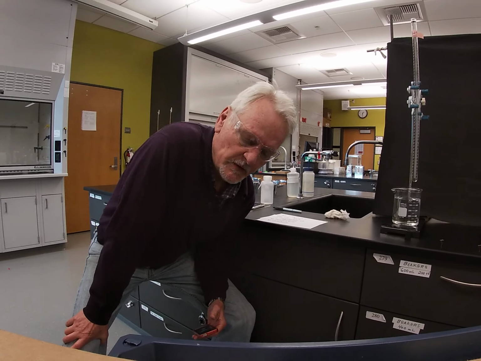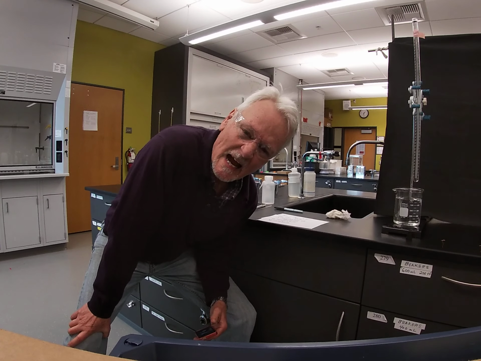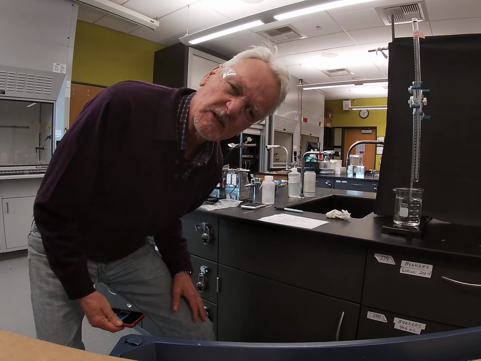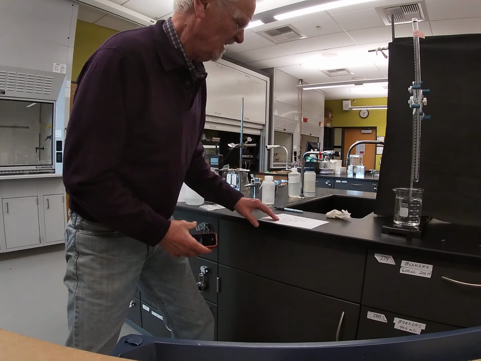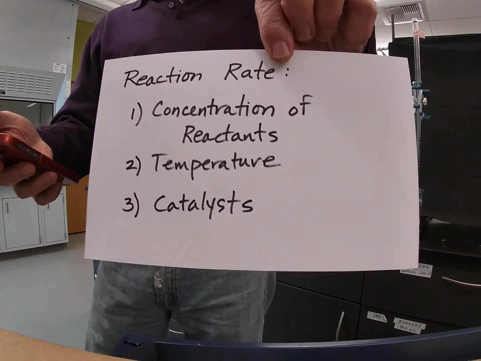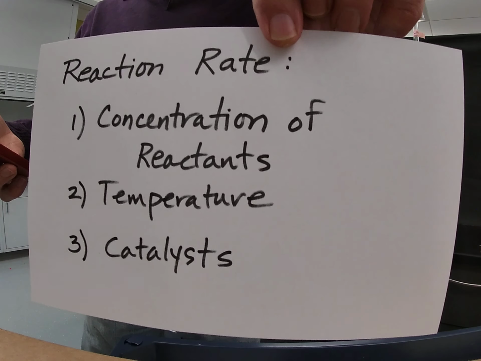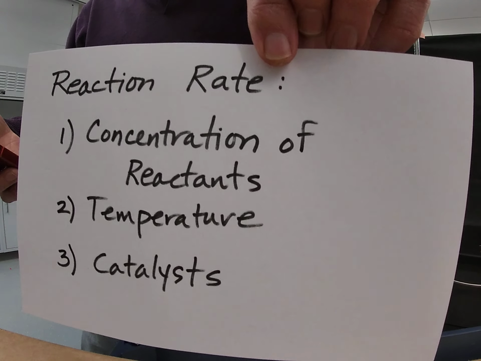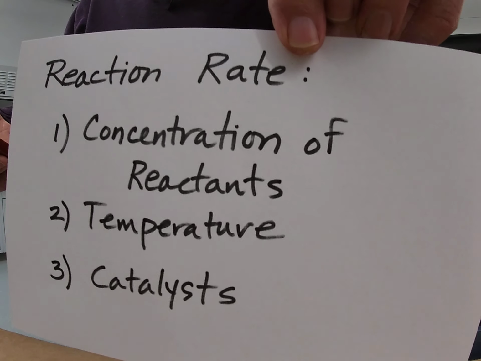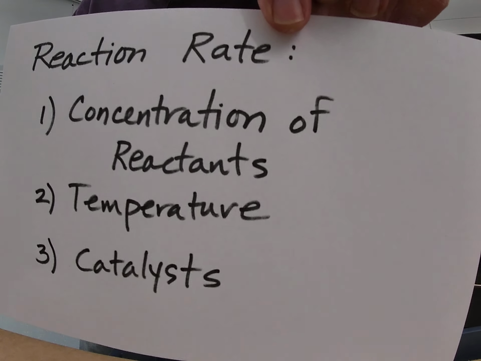Well, hello again. The rates of chemical reactions vary widely. And as you learned in class, perhaps the three most important controls of the chemical reaction rate are listed here on this piece of paper. The concentration of reactants obviously controls the frequency of collisions between reactant particles.